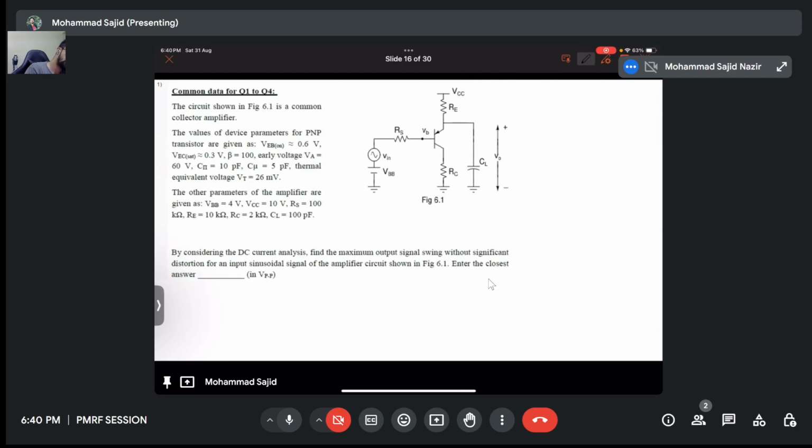Okay. So first, this is a PNP. The values of the device parameters for the PNP transistor are given.